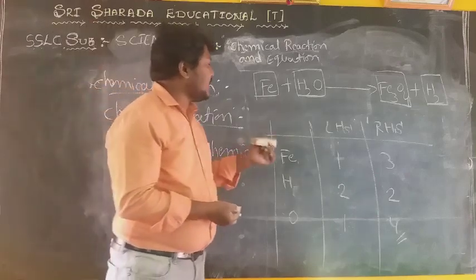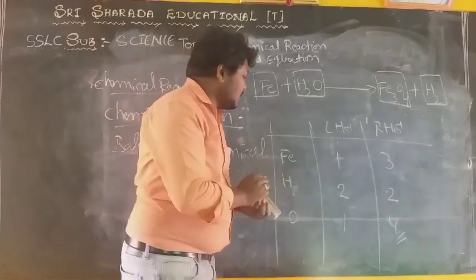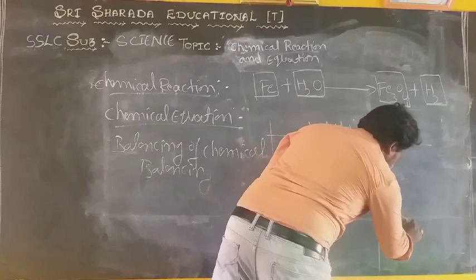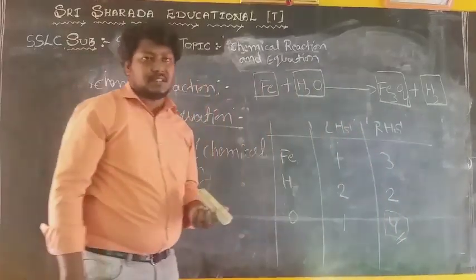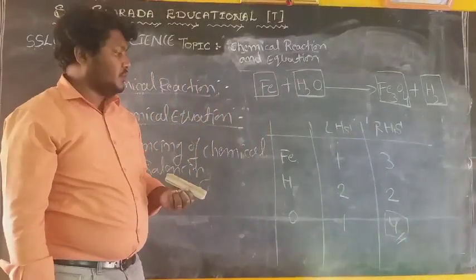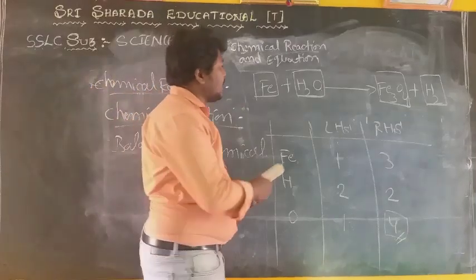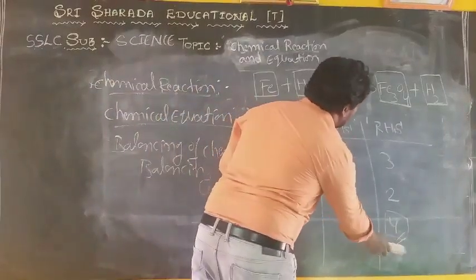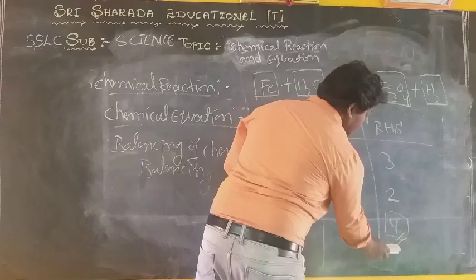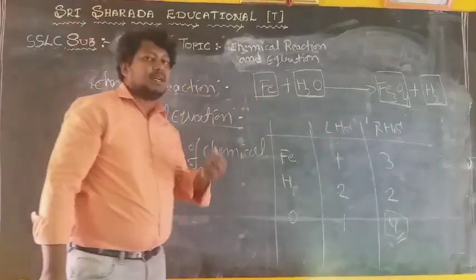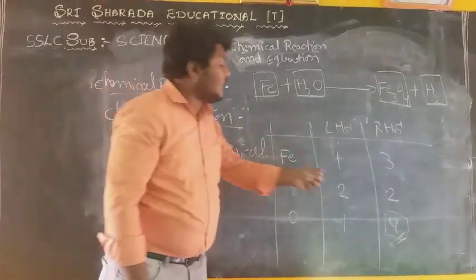So to balance the equation, first we should take the highest number which has a difference. Here, which one is the highest number? Oxygen. Oxygen is the highest number. First we should balance that oxygen.